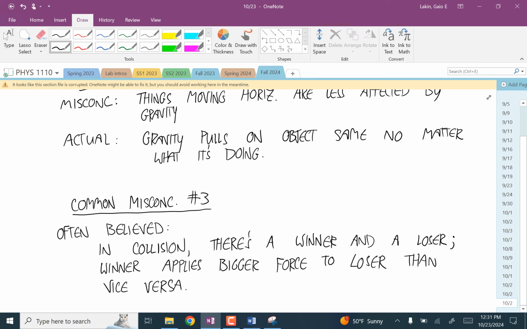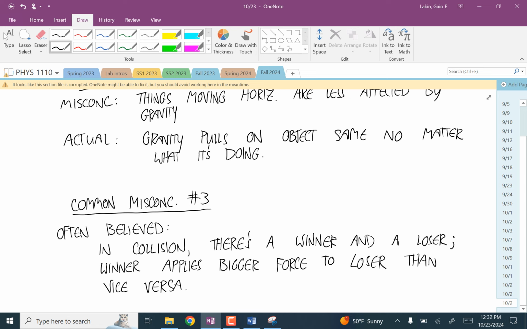So say that that collision creates a contact force of 10,000 newtons. The semi-truck applies a 10,000 Newton force to the golf cart, and the golf cart applies a 10,000 Newton force to the truck. That seems weird. It's kind of hard to imagine that.